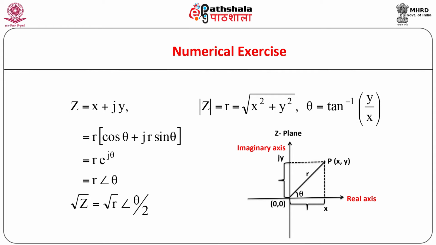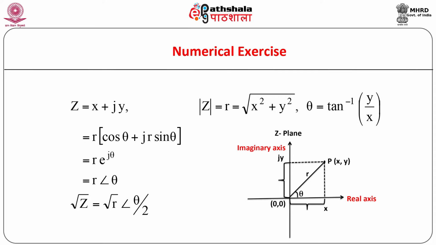Here the magnitude of z, which is called the mod of z, generally represented as r, is equal to under root of x square plus y square, and the phase angle theta is defined as inverse tan y upon x, or arc tan of y upon x. From simple trigonometrical calculation, we get the result x is equal to r cos theta and y is equal to r sin theta.